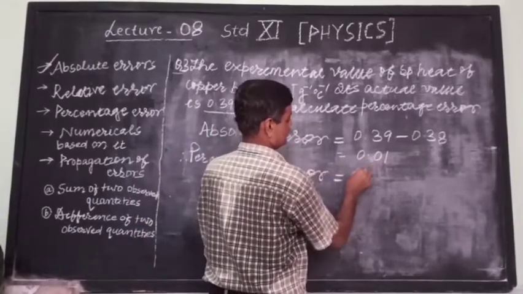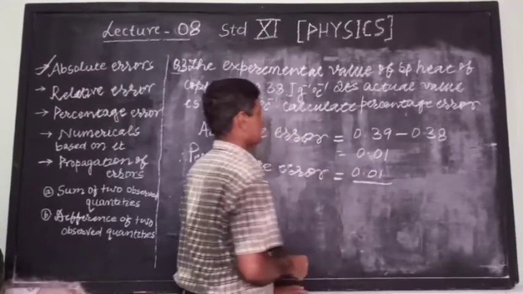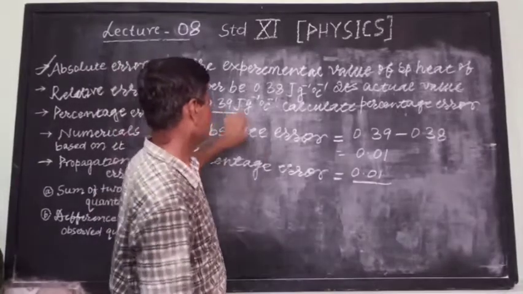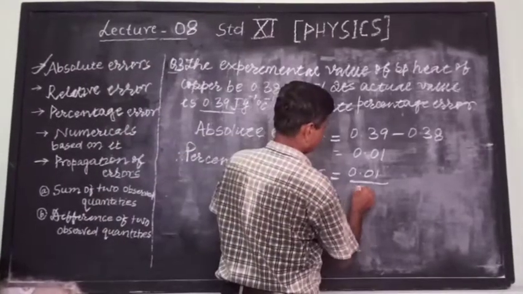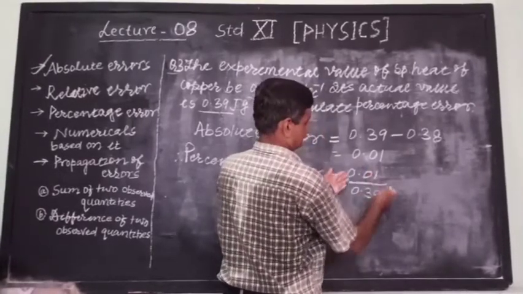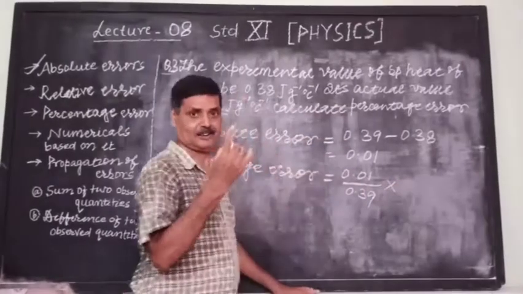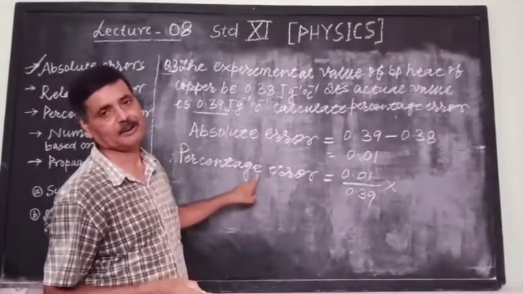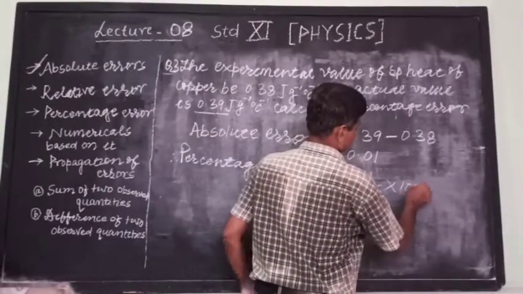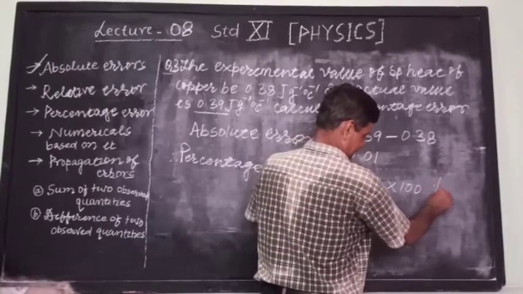absolute error was 0.01 and what was the actual value? 0.39. This is multiplied by 100. Then we will calculate percentage error. This into 100 and your result will be in percent.